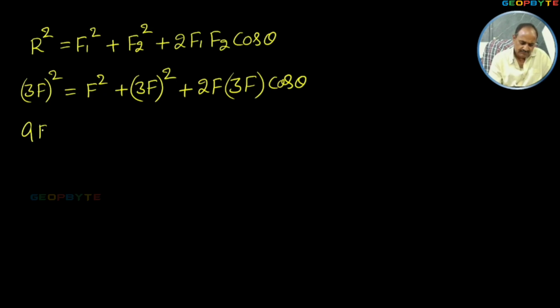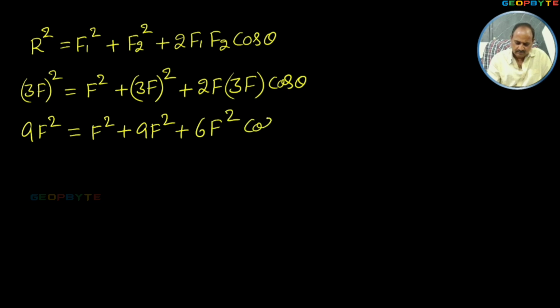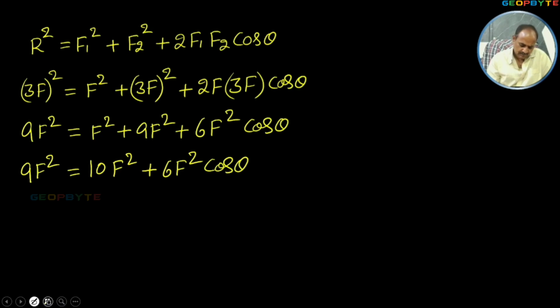Here it is 9F square is equal to F square plus 9F square plus 6F square cos theta. 9F square equal to 10F square plus 6F square cos theta. F square can be cancelled on both sides.